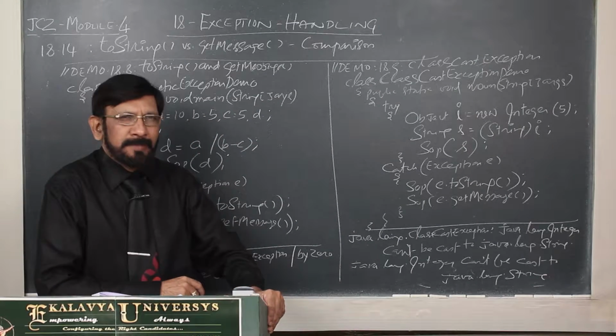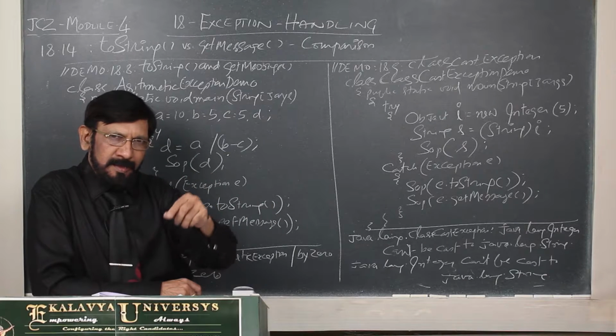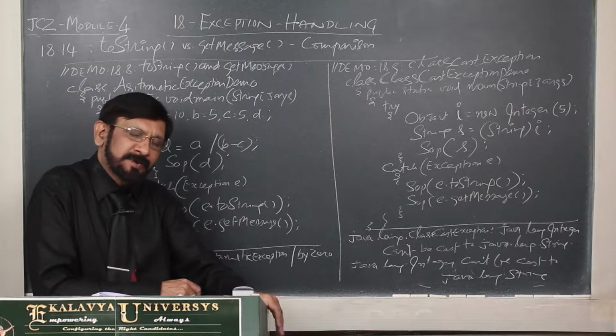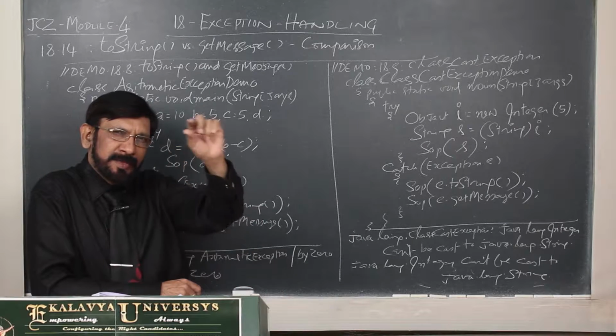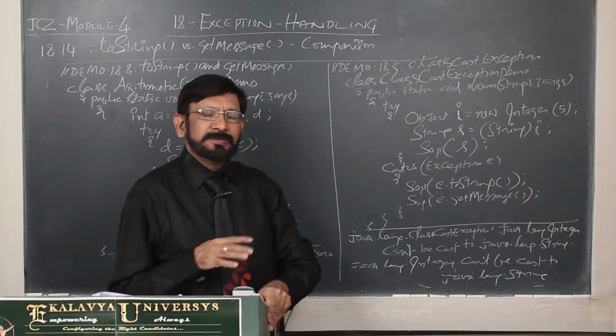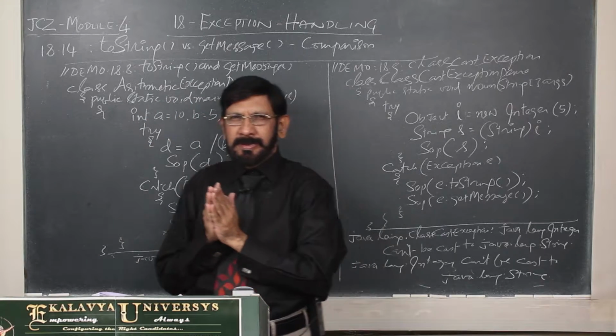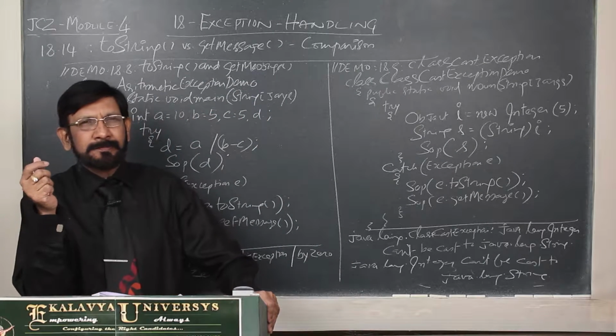So the toString method is used by all the exception classes in order to describe the type of exception in a technical format. That means every exception class overrides it in order to get the benefit out of it.